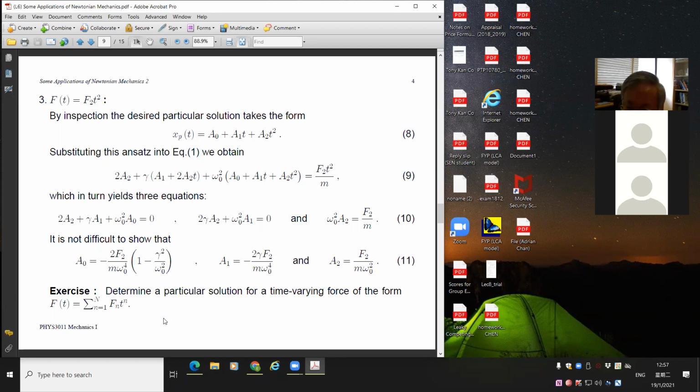And then what's next after assuming that? Using a polynomial of degree n as a trial solution, what will we do next?